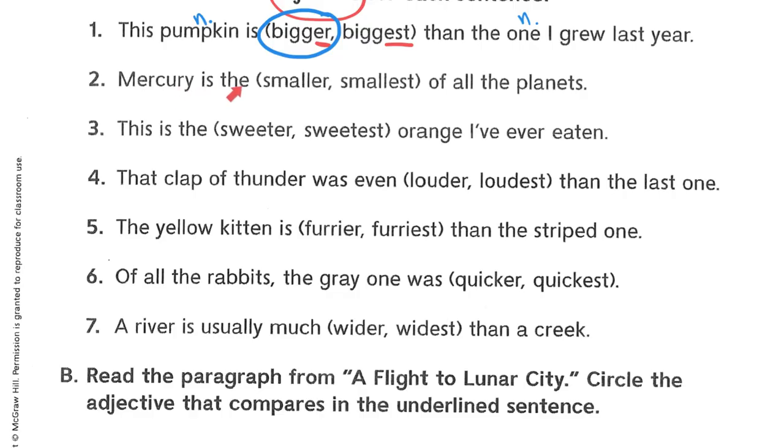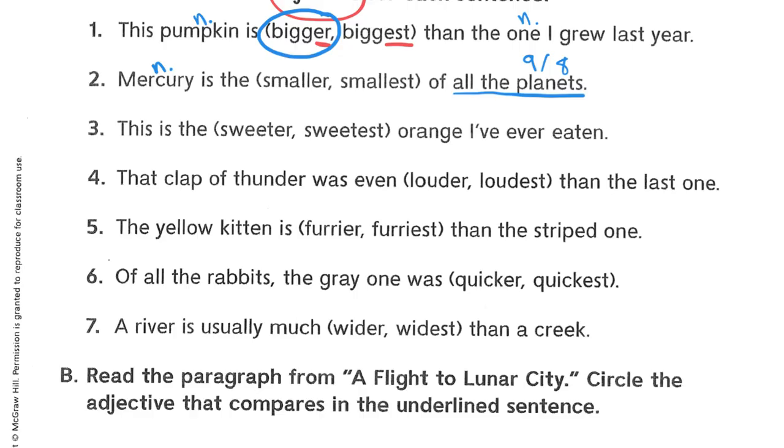Mercury is the blank of all the planets. So Mercury is one of my nouns that I'm comparing. What am I comparing it to? All the planets. And there's 9 of them, aren't there? Unless you count Pluto, then there's 8, right? So if that's true, then there's definitely more than 2 nouns.